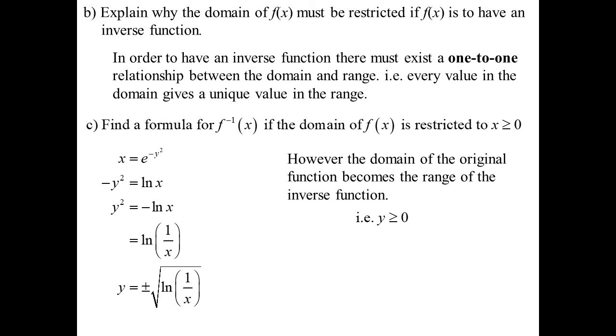In this case, I'm going to grab the piece that's continually decreasing, so that way I'll get the positives, I'll get 0 as well. And so we'll have y is greater than or equal to 0. So our eventual function becomes y equals the square root of the log of 1 on x.